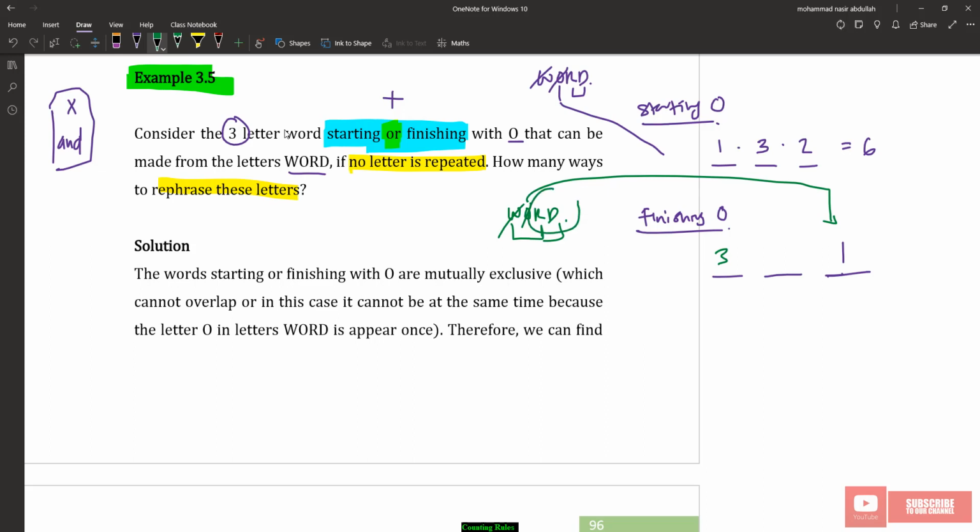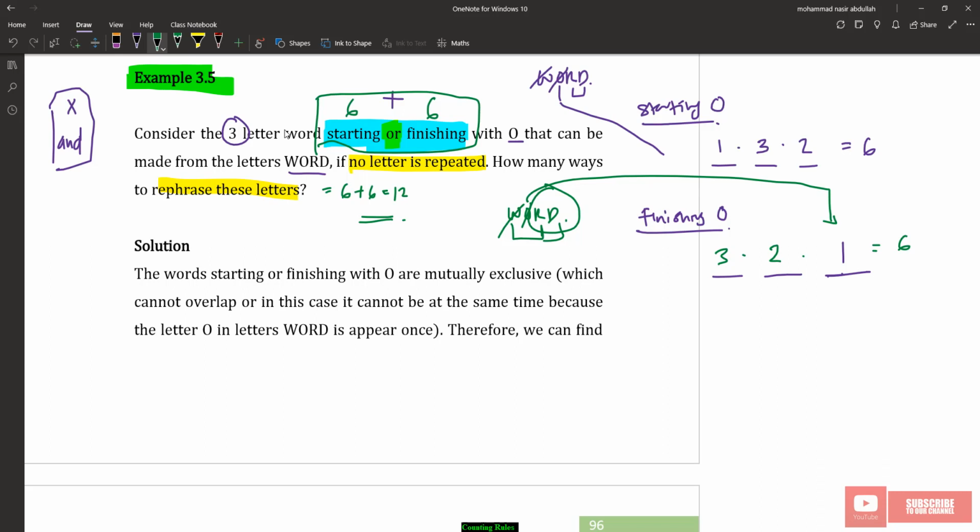How many letters are left on the second step? We have 2 left. If you apply theorem number 2, 3 multiplied with 2 multiplied with 1 is equal to 6. So starting with O is 6 alternatives, and finishing with O we also have 6 alternatives. So the number of ways is 6 plus 6 equal to 12.